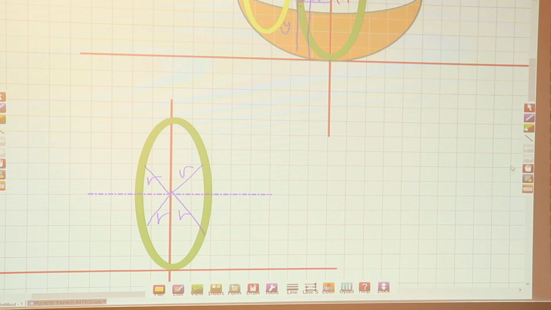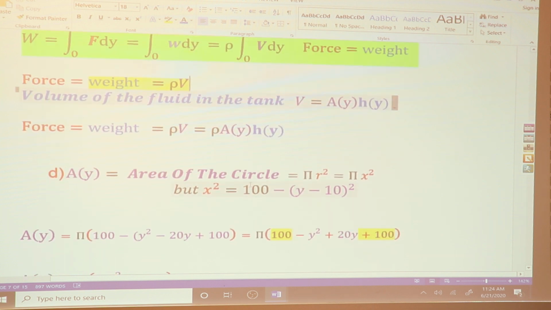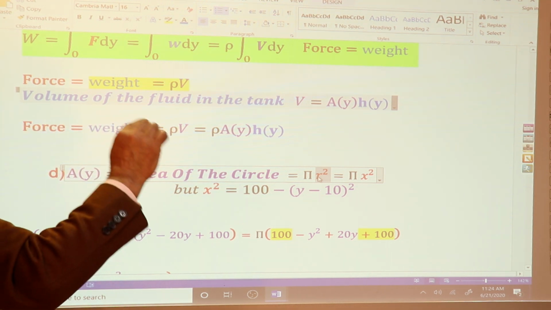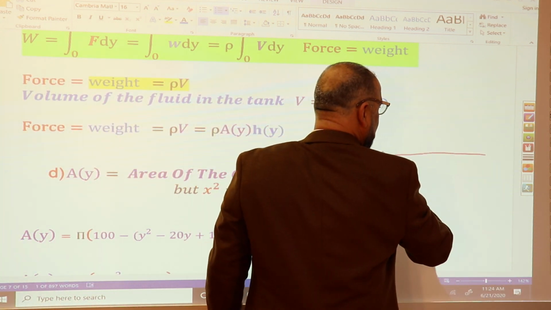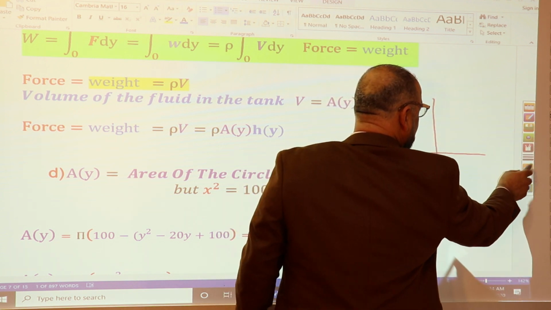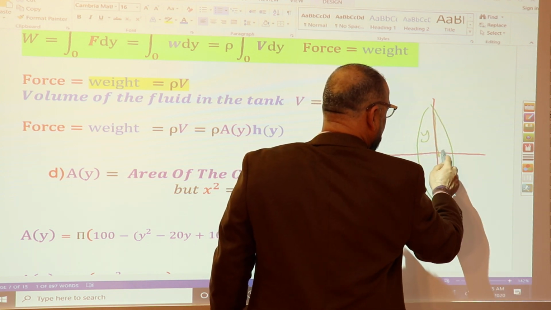The area is pi x squared. Area is what? Pi r squared. But r here, the radius, is not the actual radius, it is x, which keeps changing. X is the value of x in the circle. I'm going to graph it here one more time. As I said, if we have the vertical circle, we have y, and we have what?